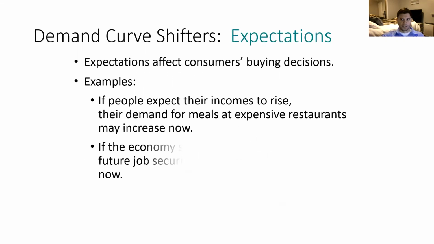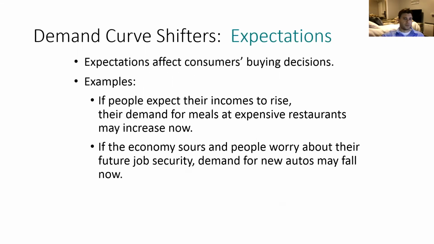Another example, if the economy is doing poorly and people worry about their future job security, then typically we see a reduction in demand for things like automobiles. I'm worried about job security, so I'm not going to go ahead and make that big purchase. Other changes to think about in terms of expectations, I could expect prices to increase in the future.